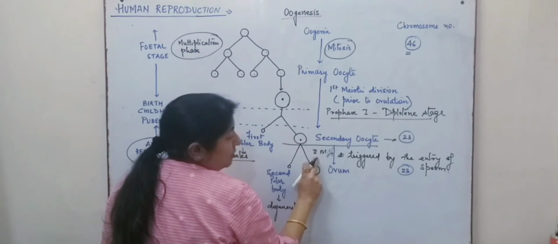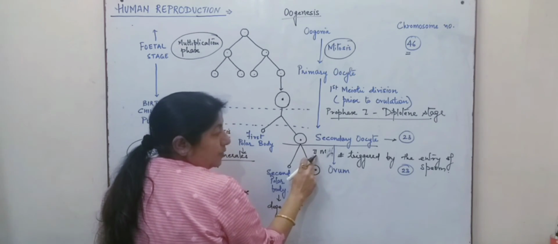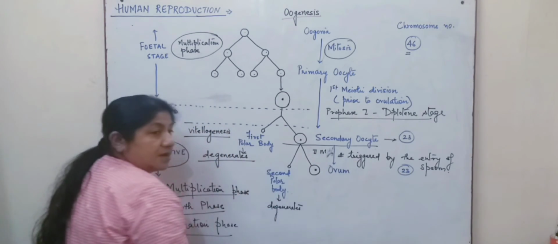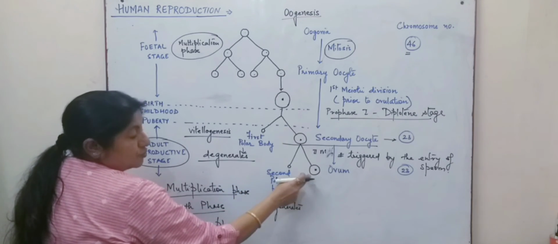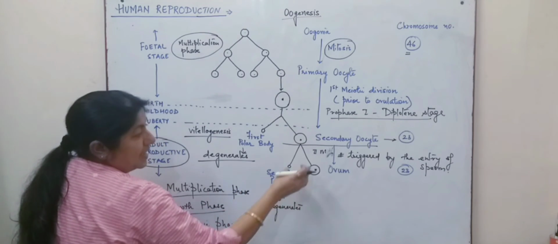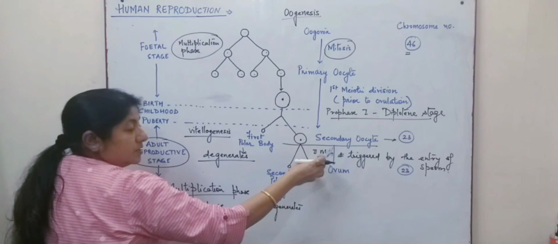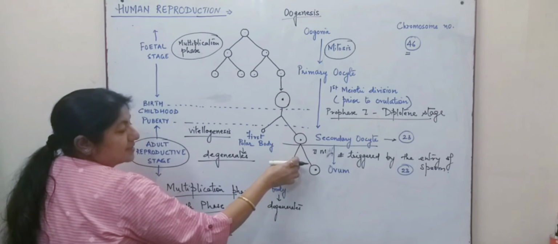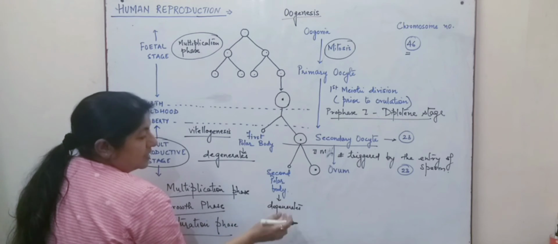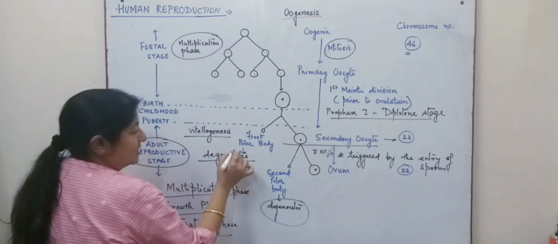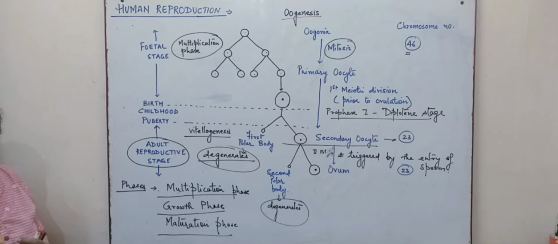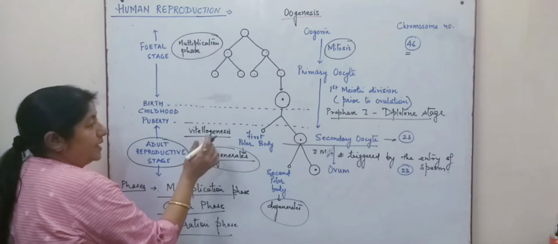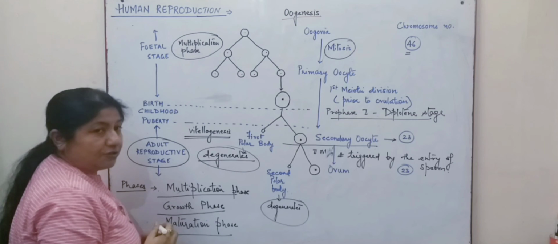The second meiotic division is equational, which maintains the number of chromosomes, but again unequal distribution of the cytoplasm takes place, and the ovum retains the cytoplasm, whereas the second polar body that is formed degenerates just as the first polar body. This unequal distribution of the cytoplasm is due to the process of vitellogenesis.